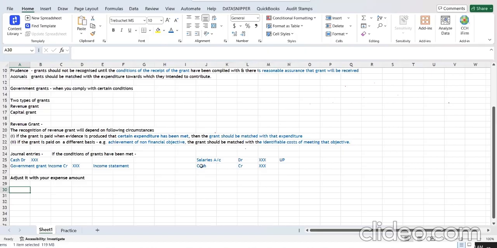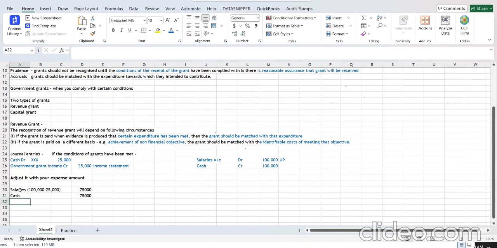or you can adjust it with your expense account. If your government grant is for 25,000 and your salaries is for 100,000, what I can do is adjust my salaries account minus 25,000, so 75,000, and I can credit my cash by 75,000.